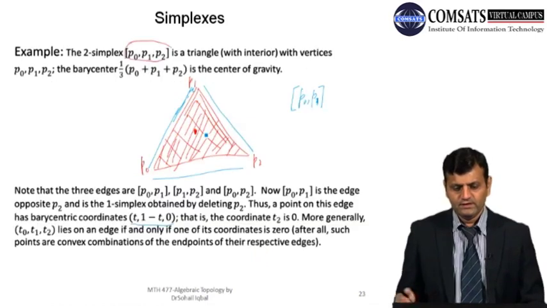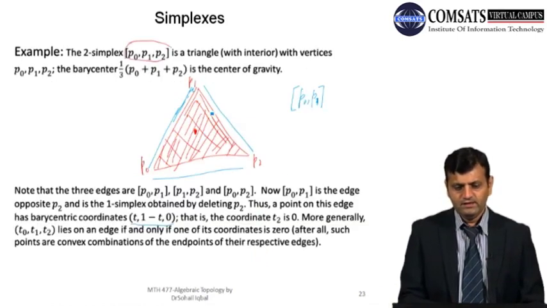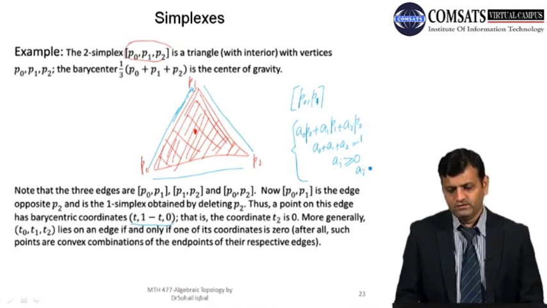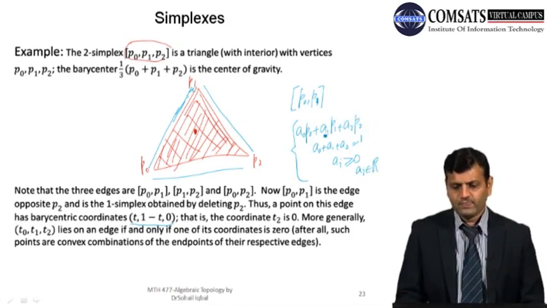Using this result, each and every element of this triangle should be of the form A0 P0 plus A1 P1 plus A2 P2, but there are some conditions. The first condition is A0 plus A1 plus A2 should be equal to 1, and Ai should be greater than or equal to 0.